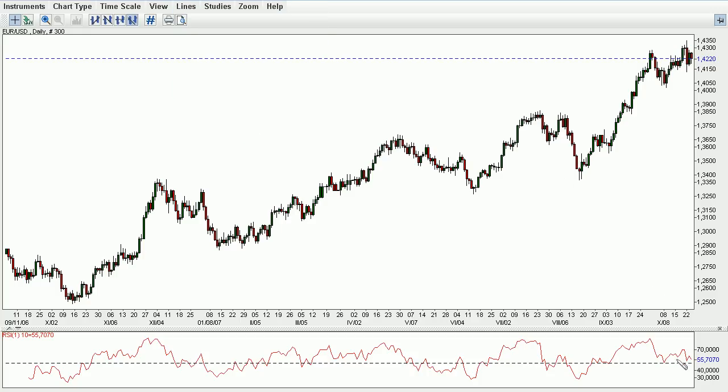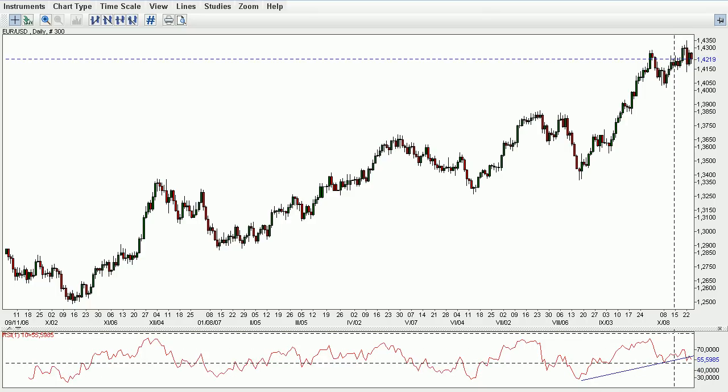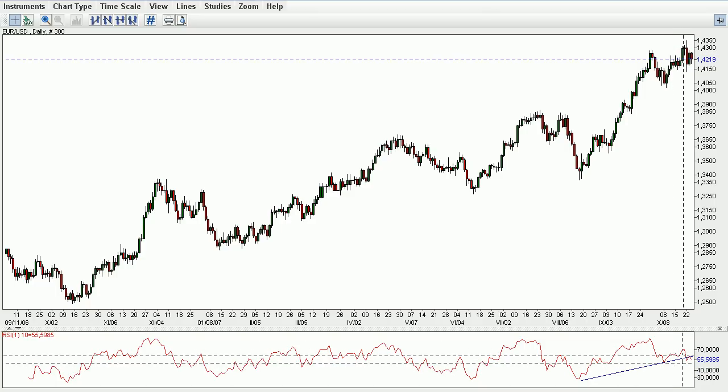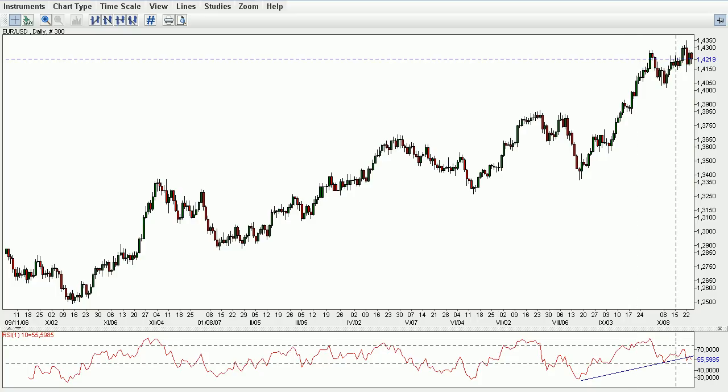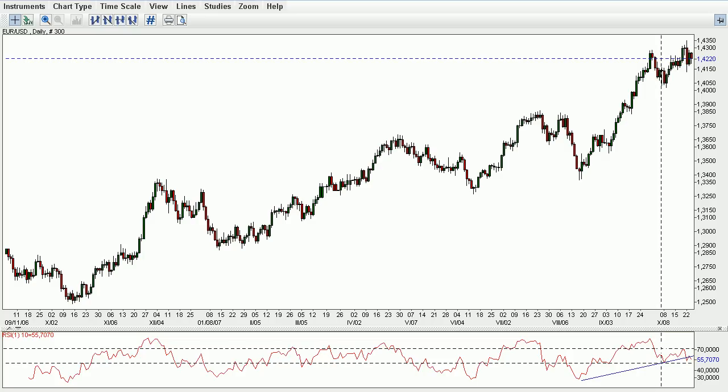And we can see that if we draw this line here, we have a break below this trend line on the relative strength indicator, which is another confirmation that our price might continue falling down.